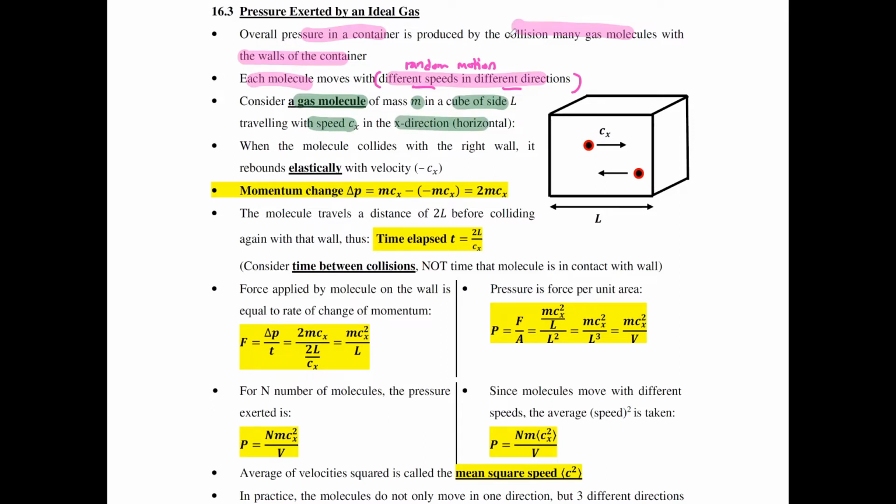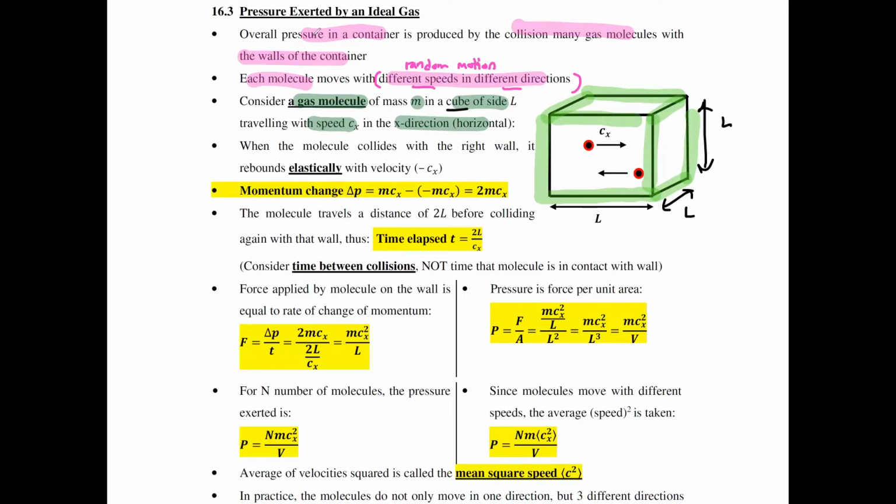What you're seeing right over here in the diagram is your cube containing vessel, and it has a length of L. So the width, the length and the height will all be length L. Because it's a cube in the first place.